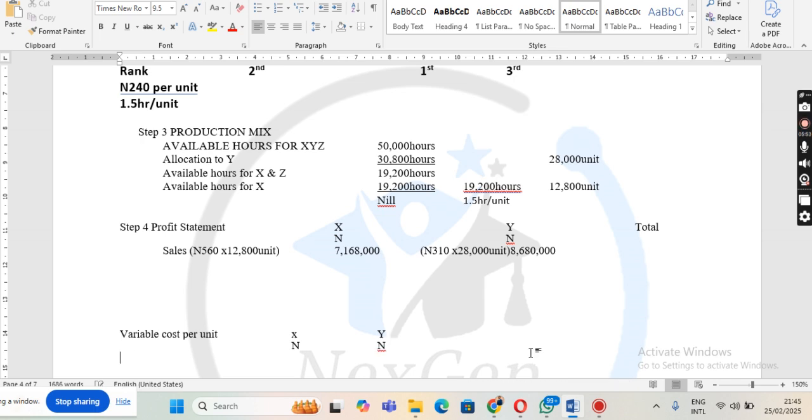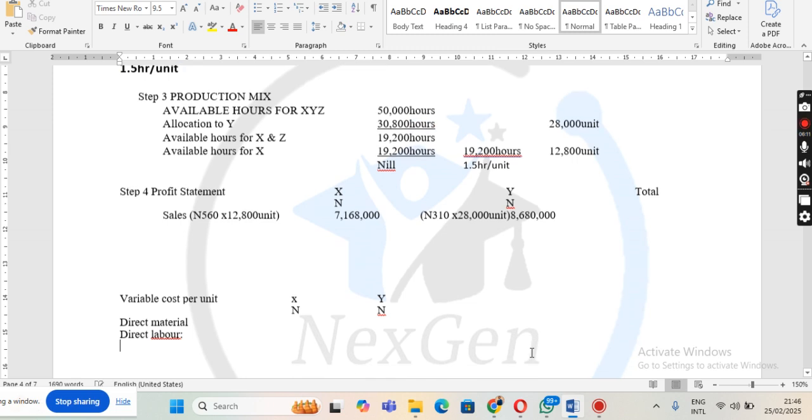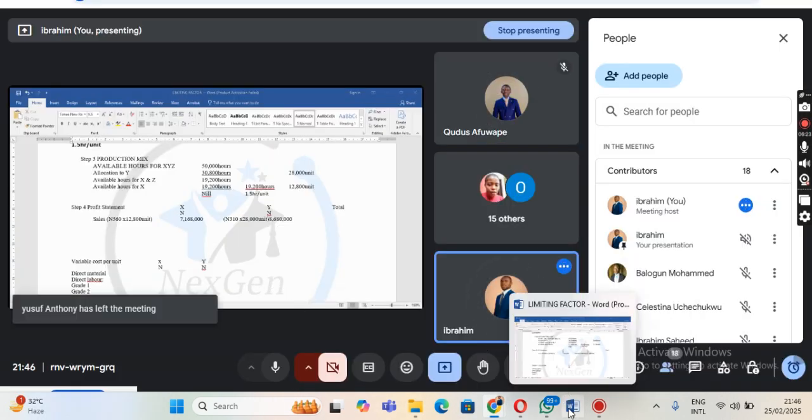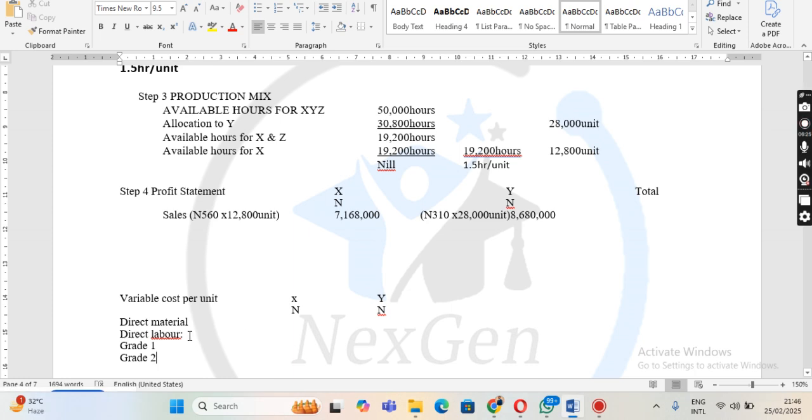So direct material is a variable cost, and direct labor is also variable, which includes grade 1 and grade 2. Class, are we still together? Now, direct material.